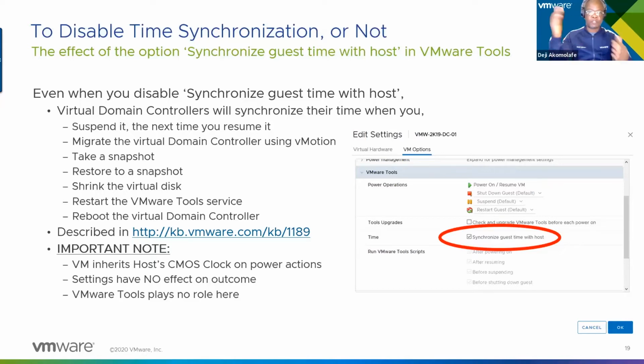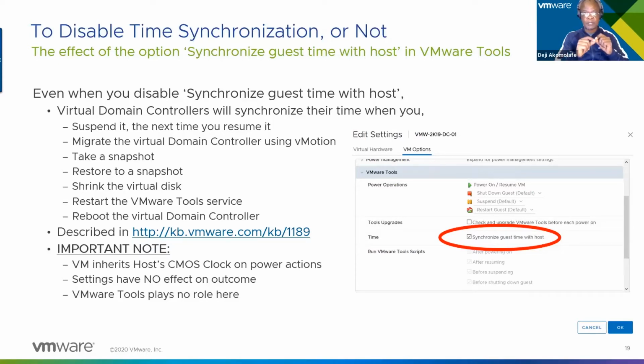For example, if you suspend a VM or if you migrate it using vMotion, take a snapshot, restart the VMware tools or reboot the domain controllers, it will, even though this checkbox is unchecked, take time from the host. This is described in one of the most popular KBs on VMware.com, KB 1189. Please consult it.